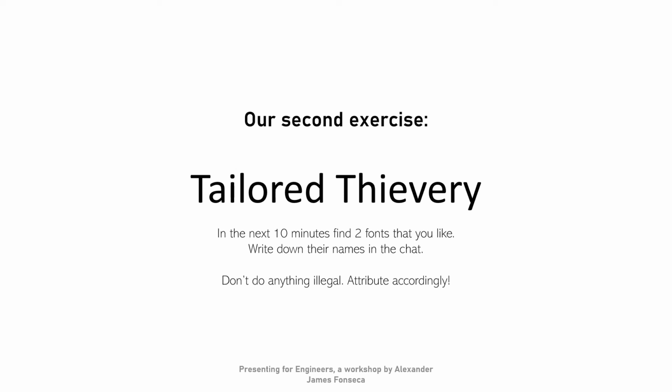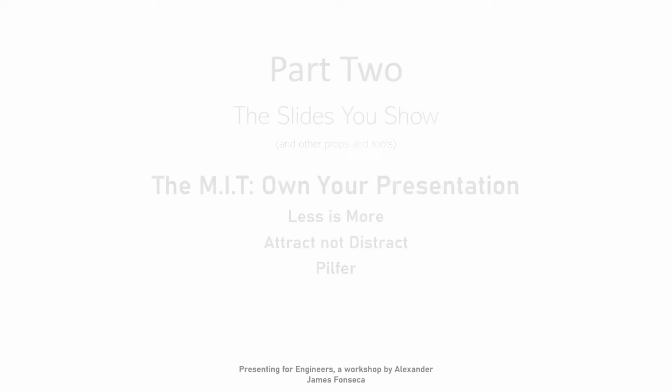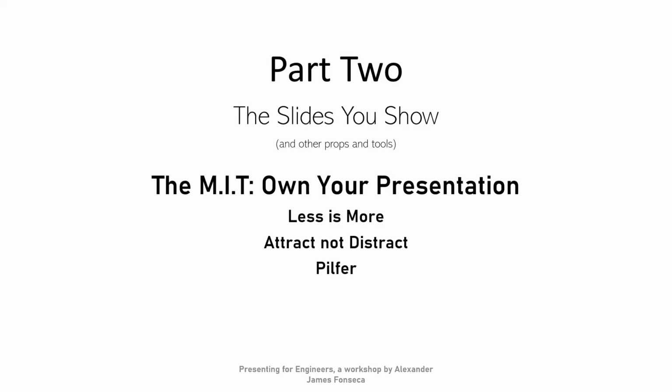You don't need to take 10 minutes, but the most important thing is that I want you to take these fonts and decide, okay, I'm going to use these for my future presentations, because it helps give a sense of continuity through your presentations, and it defines your style. So there's that. Okay, with that, we'll just skip the exercise. If you want to pause and do it, go ahead. If not, we'll just move on.